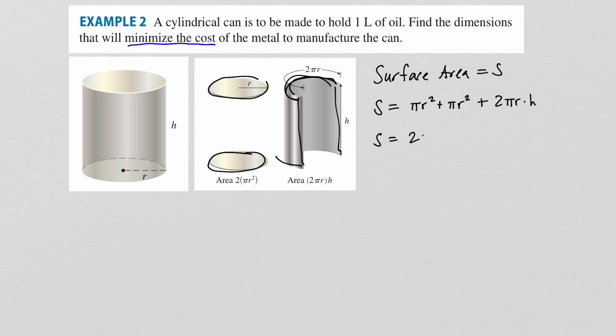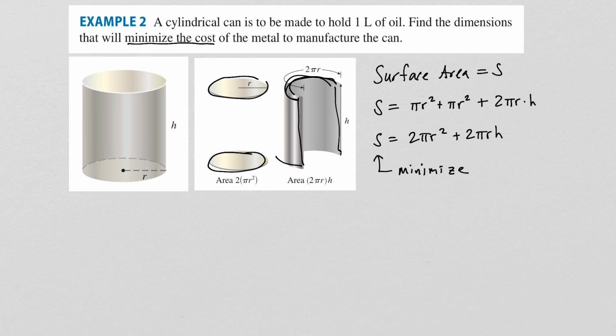So the surface area is 2 pi r squared plus 2 pi r h. And this is the function that we want to minimize in this case. Because if you want to minimize the cost of making a can, you need to use as little material as possible.